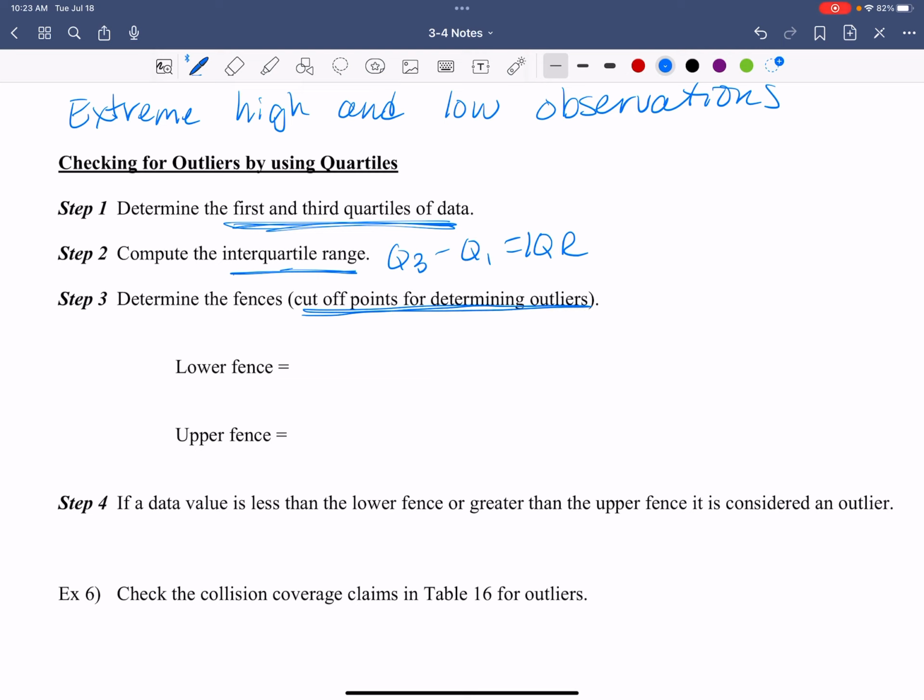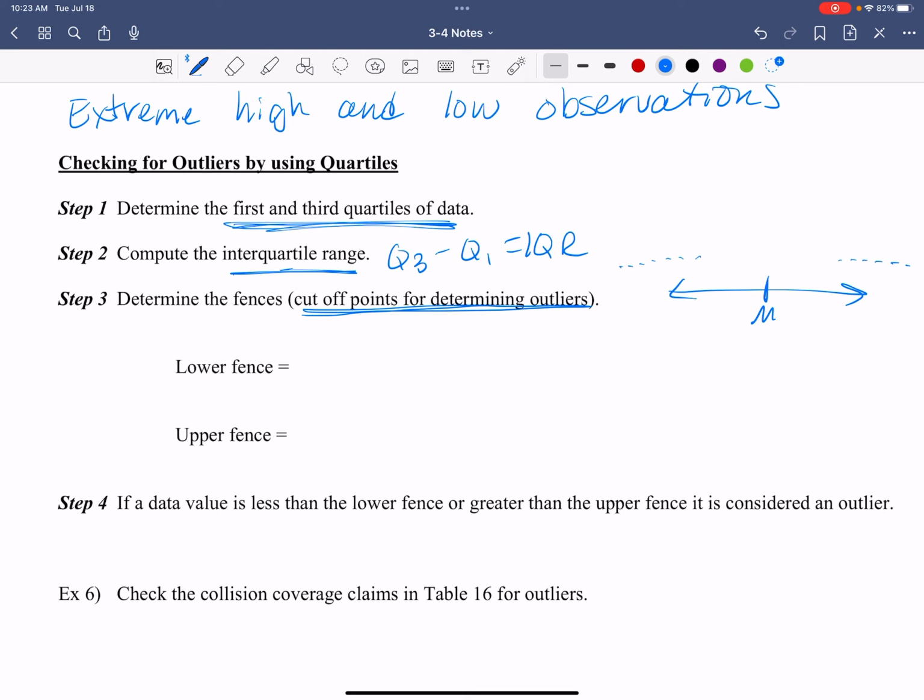So if I'm looking at this data, I'm saying this is my median. How far out to the left and how far out to the right are we going to go to make it an outlier? What makes it extreme? Outside of my fence becomes extreme.